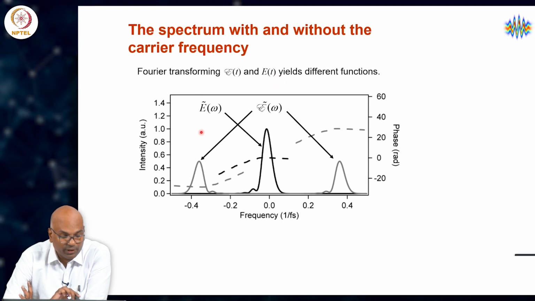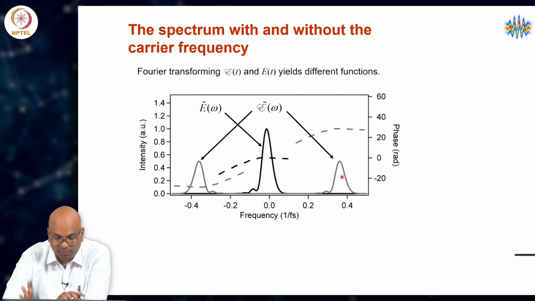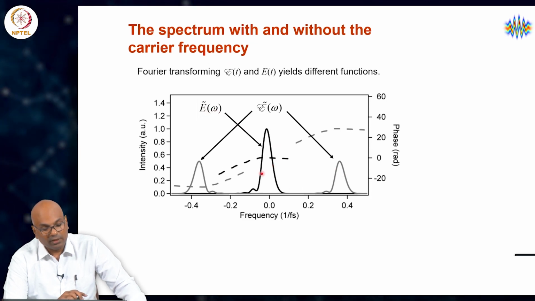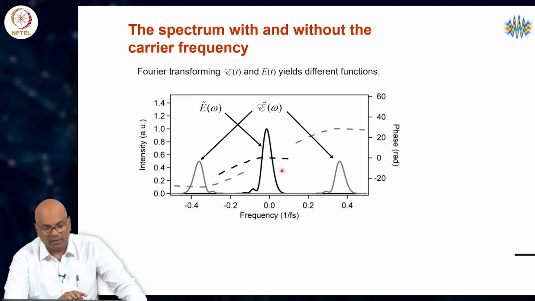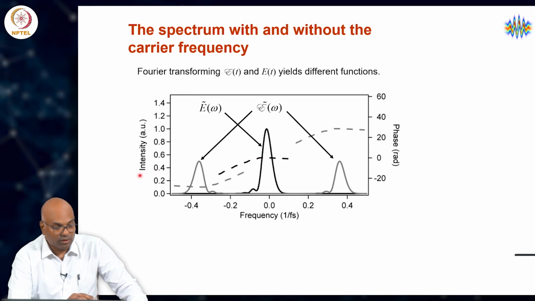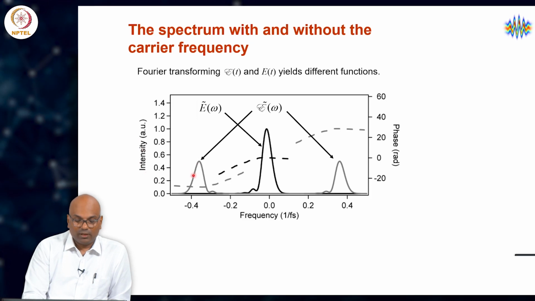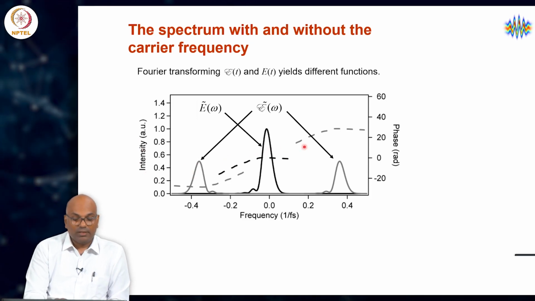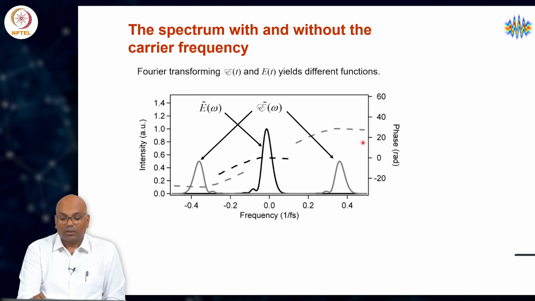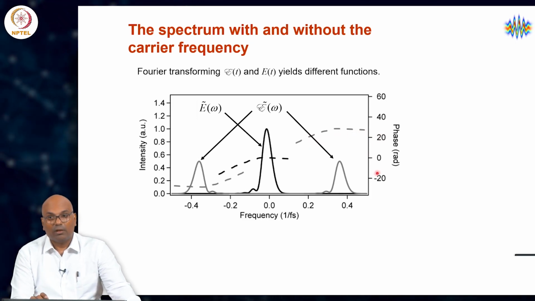And when Fourier transforming this, we got two types of functions, script E tilde of omega, where the information about the carrier frequency in the spectrum is retained, whereas here the unscripted E tilde of omega essentially is centered about 0 frequency. They all contain the same information, both in terms of the amplitude function, which is denoted here by the intensity, the spectral intensity, which in all these cases are the bold lines, as well as the spectral phase, which is equally, if not in some sense more important, the spectral phase function, which refers to the right vertical axis.